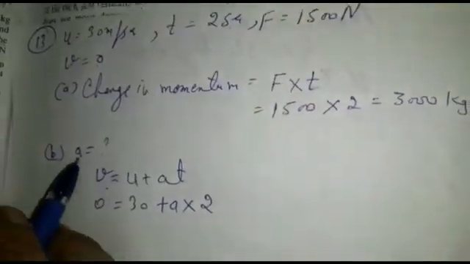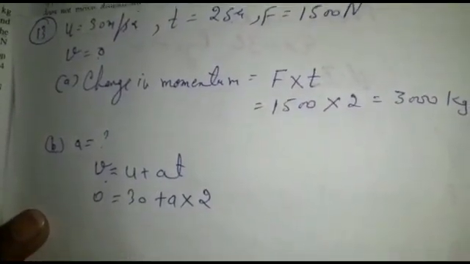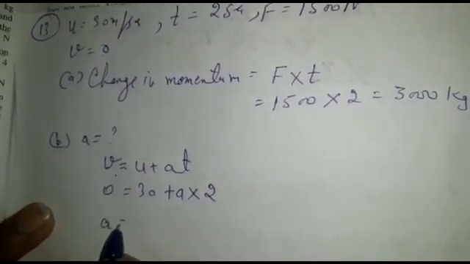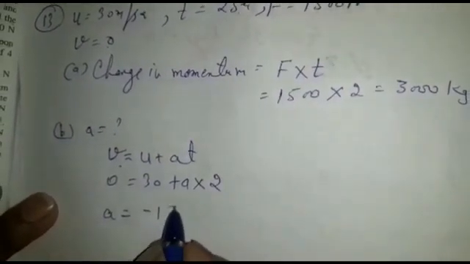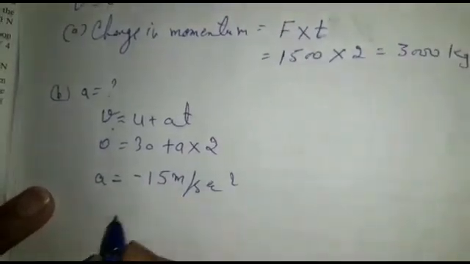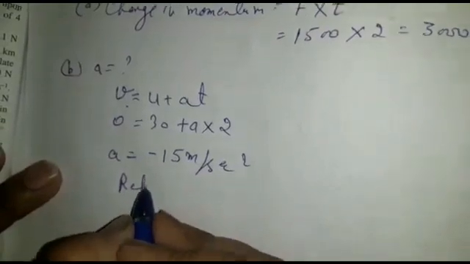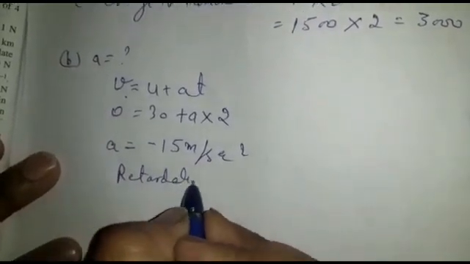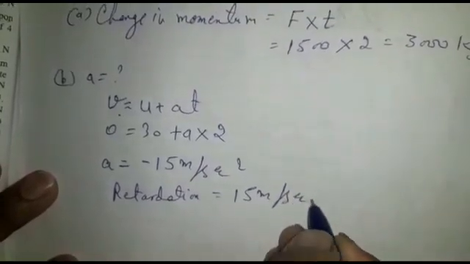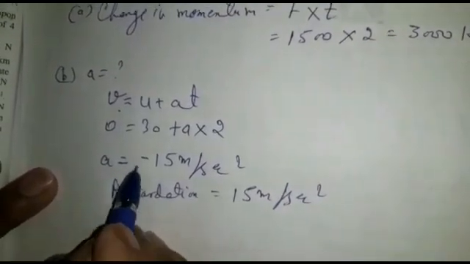So now retardation means acceleration will come in negative. So here your a will come, acceleration is equal to minus 15 meter per second square. Now what you will say? Retardation is equal to 15 meter per second square, and here negative sign shows the retardation.